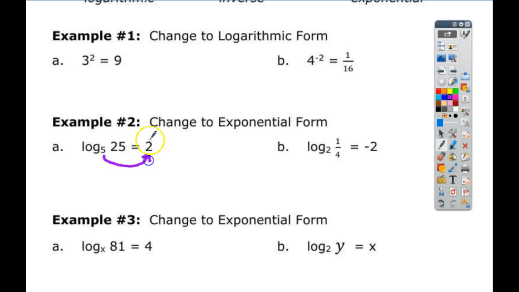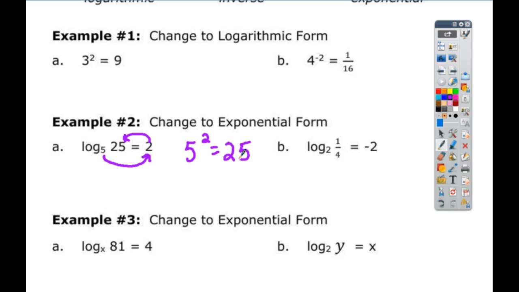I'm literally drawing a circle. See that? I went 5 to the 2 equals 25. I drew a circle because log base 5 of 25 equals 2 is 5 to the second equals 25. That is its exponential form. We're drawing the circle thingy.